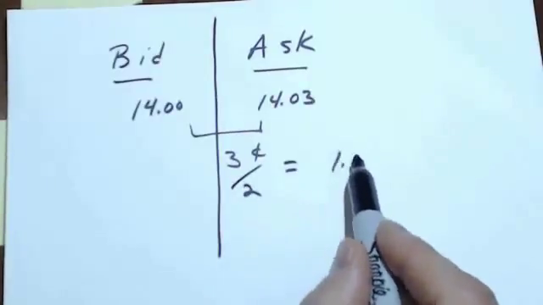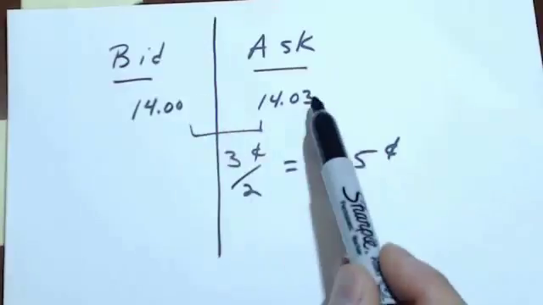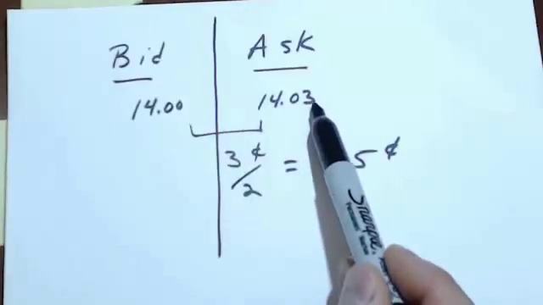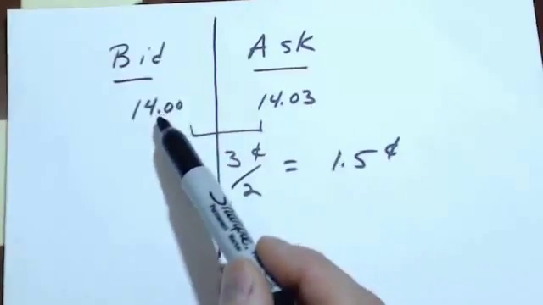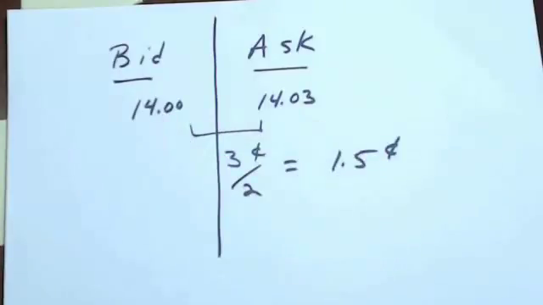It's 1.5 cents that you're paying when you either buy at the dealer's asking or sell at the dealer's bid price. So when you execute one leg of a transaction, meaning one side, either the buy or a sell, you're implicitly paying 1.5 cents in this example in terms of a spread.